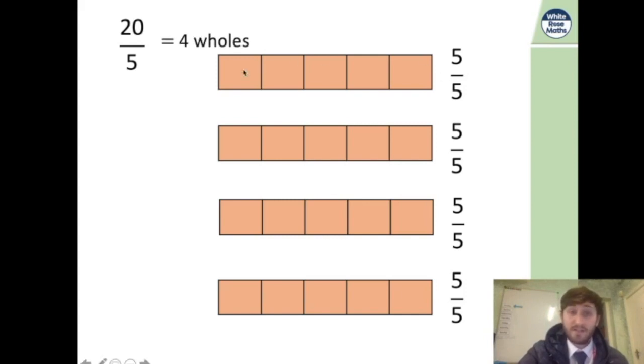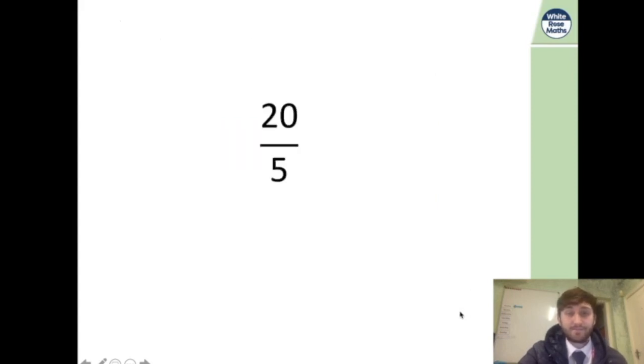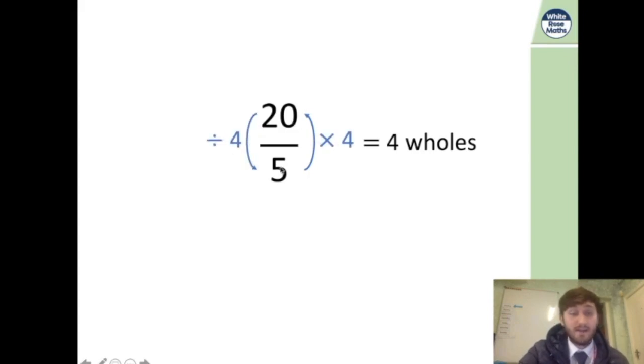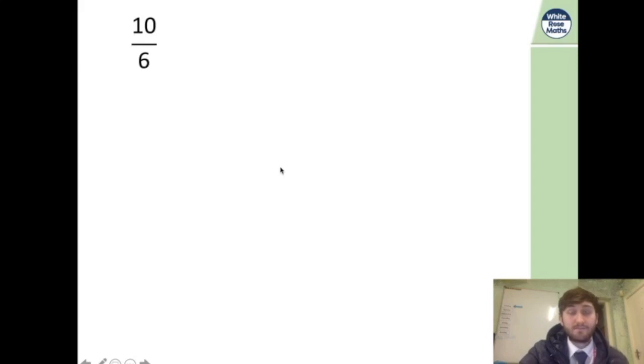I've got 20 in my numerator, but my denominator does not change. Again, another way, 5 times 4 equals 20, 20 divided by 4 equals 5.